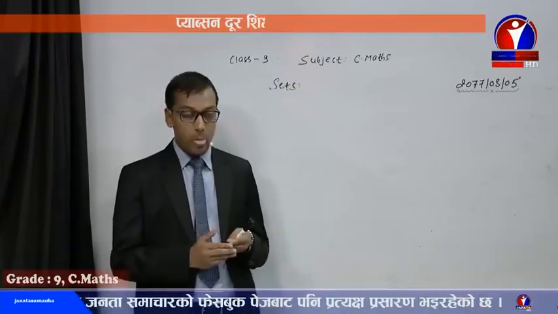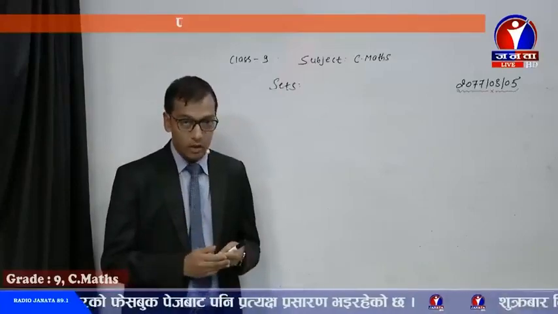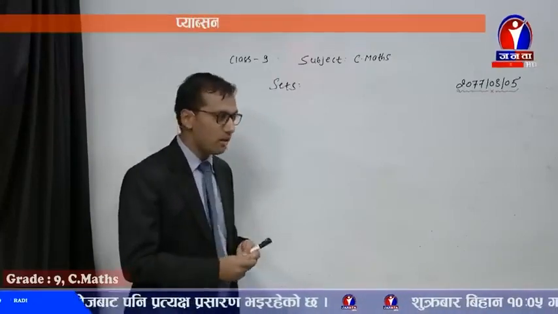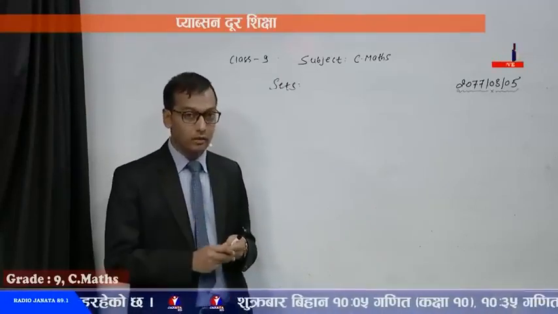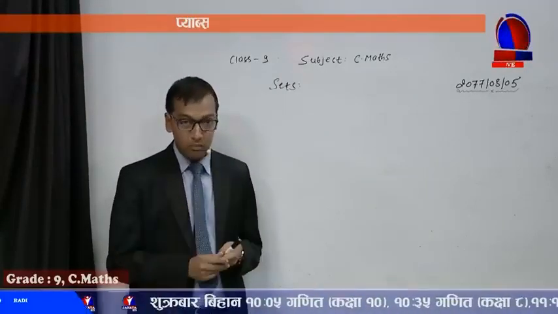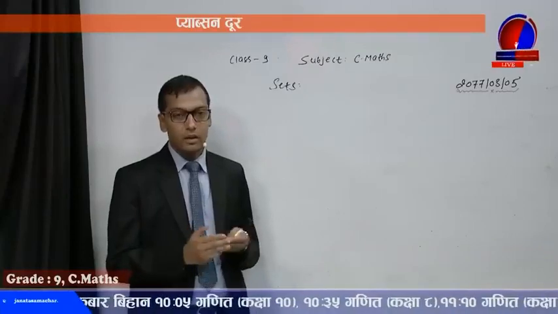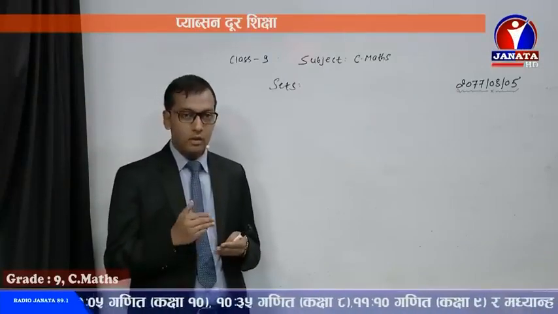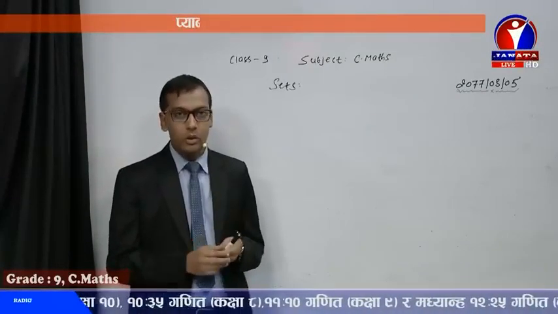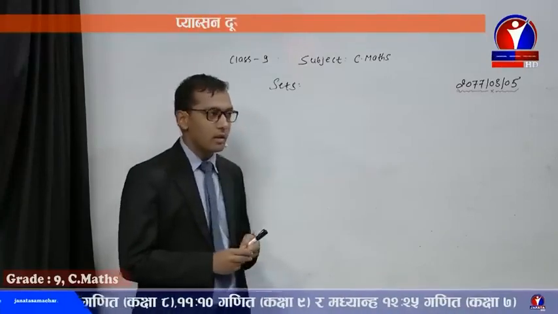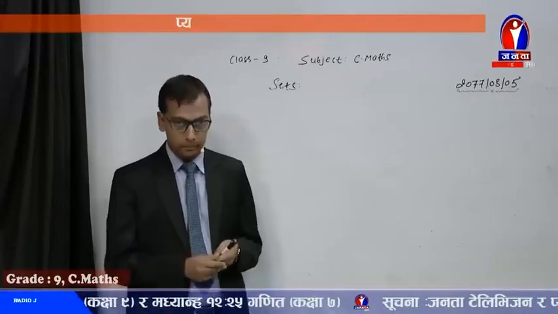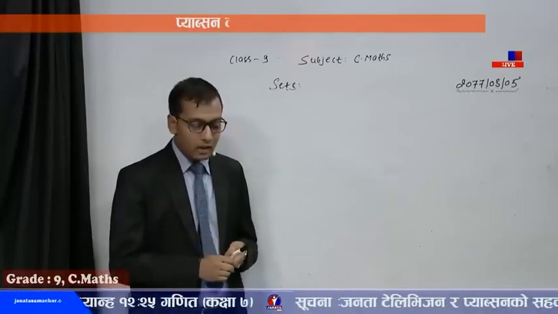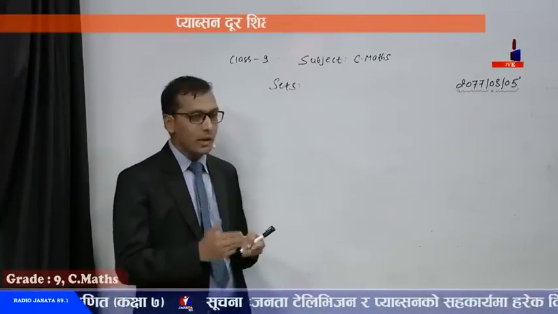I have limited time, so if I get enough time for today's class, I will also try to cover the Venn diagram and different set notations. I will try to write different formulas in terms of set notation by means of Venn diagrams. Before that, let me display a slide.